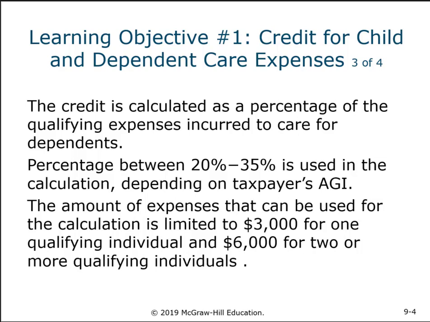Notice it does not increase with the third child or third care person. It is one or two. That's the limit: $3,000 for one, $6,000 for two. So if you spend $24,000 on child care, you're still limited to either $3,000 if it's one child or $6,000 if it is two or more.